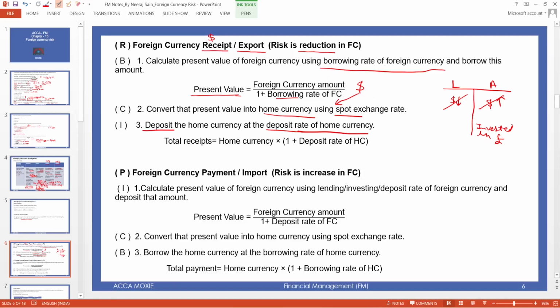At the end, we are going to receive that amount after maturity. When we receive from our customer, then we pay the loan we borrowed, and we receive the amount after maturity from this investment.